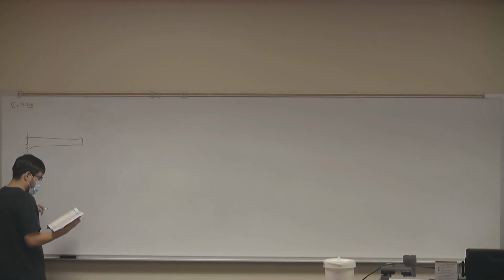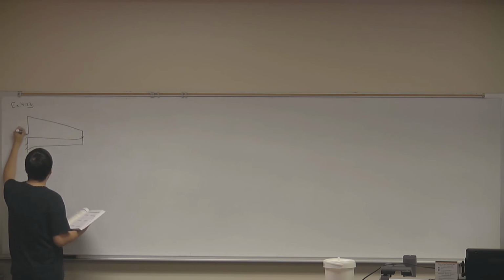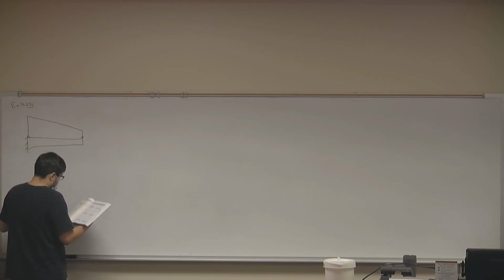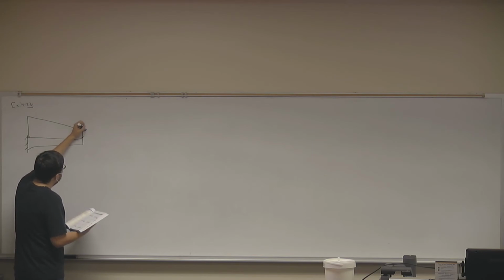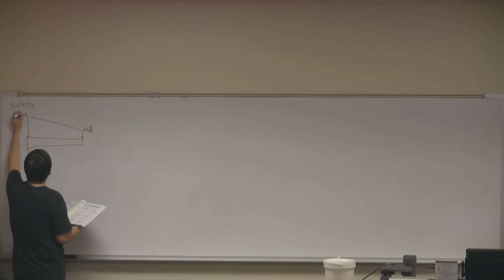So we have a beam with a distributed loading that has a trapezoidal shape. Let's say it's all the way to the end. We have a minimum load of 50 pounds per foot, maximum load of 100 pounds per foot.